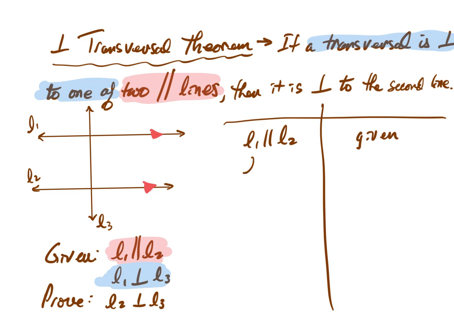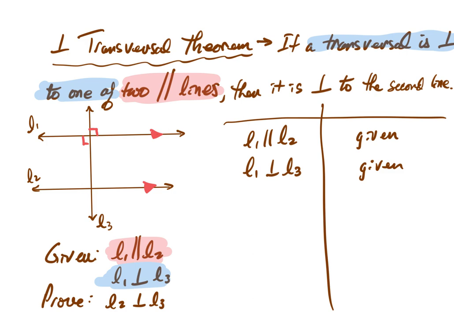Also, given was that line 1 was perpendicular to line 3. And to indicate perpendicular, I'm going to put a box kind of anywhere where those two lines 1 and 3 intersect. Okay, so how can we get to the point then where we can say line 2 and line 3 are perpendicular?